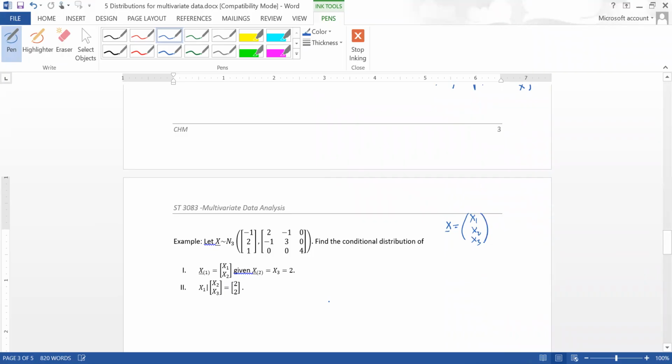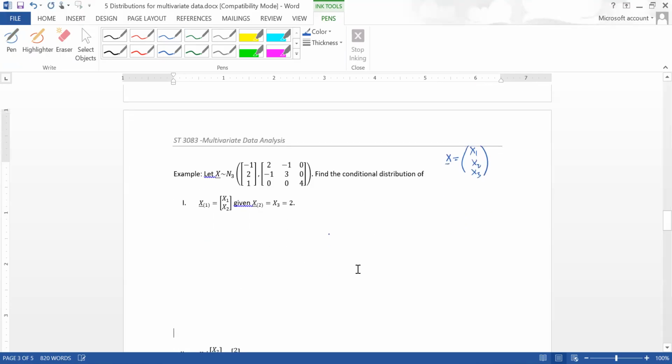You have to find the mean and variance of the distribution of x1, x2 given x3 equals that value.